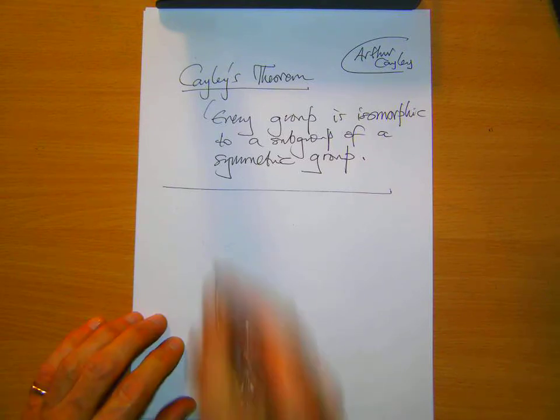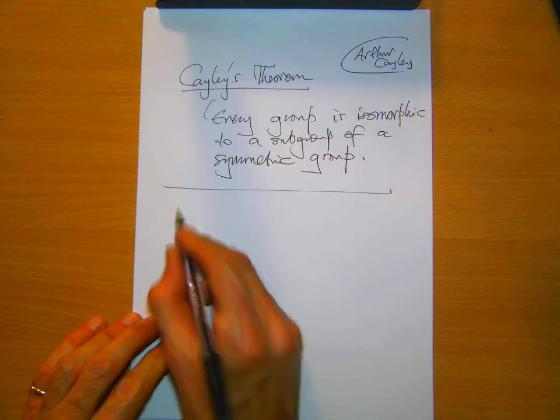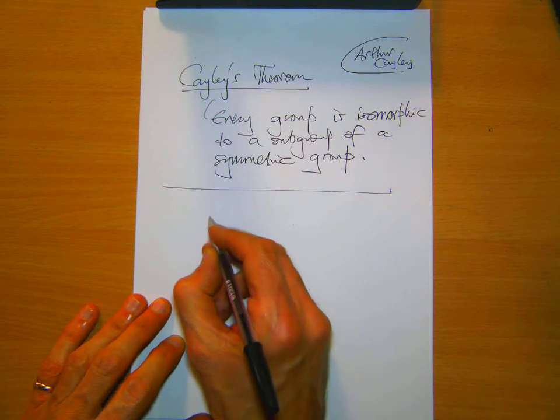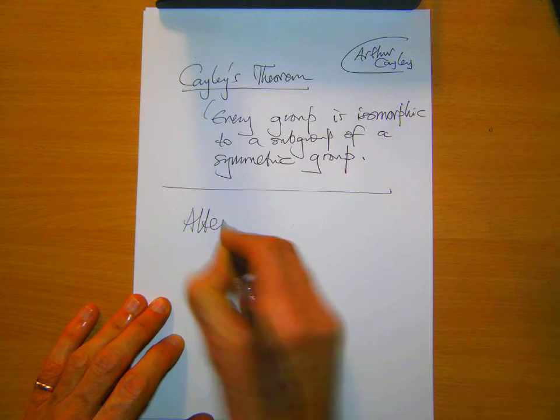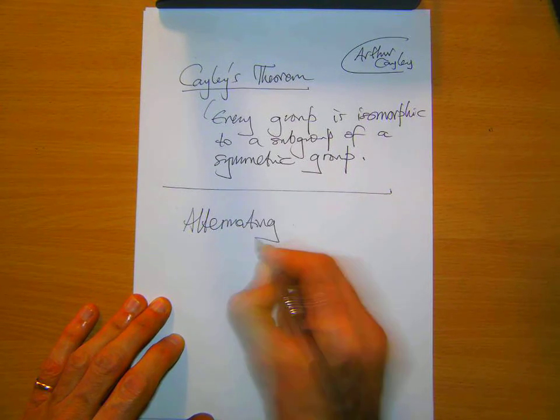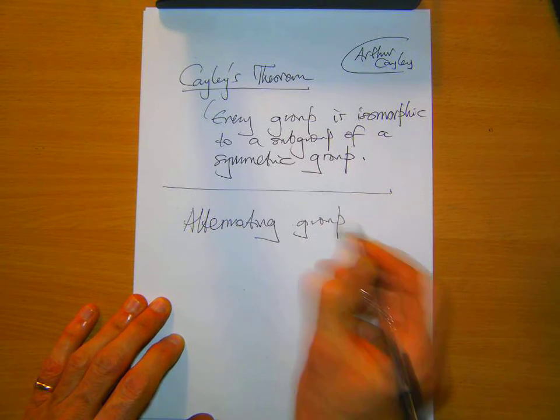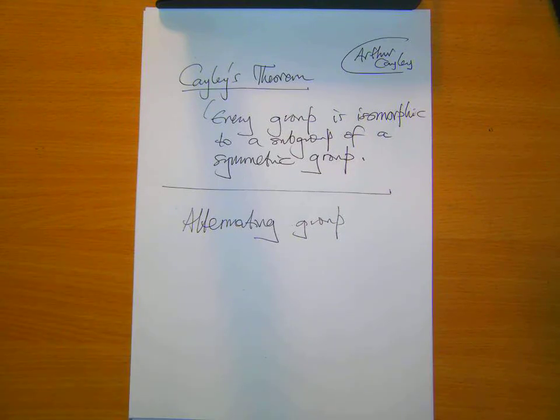And then I also want to talk about a particular subgroup of the symmetric group called the alternating group. So this is another group to add to our list of examples of groups. We haven't actually had any new groups for quite a while. And the alternating group is one of the few new groups we're going to meet now in the rest of the semester.